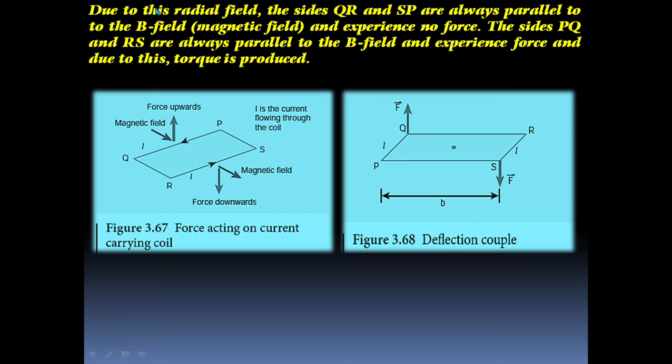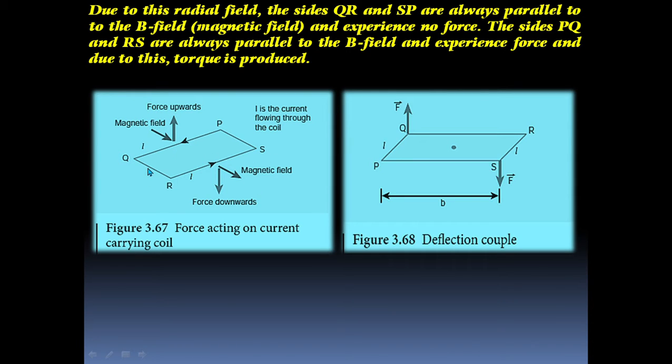Then, due to this radial field, the sides QR and SP are always parallel to the magnetic field, because the magnetic field is acting along this direction. So the PS and QR sides are also placed in the same direction. That is why they are parallel to the magnetic field and experience no force.